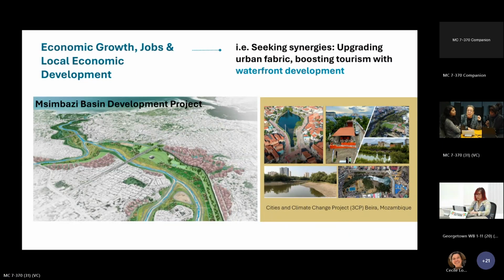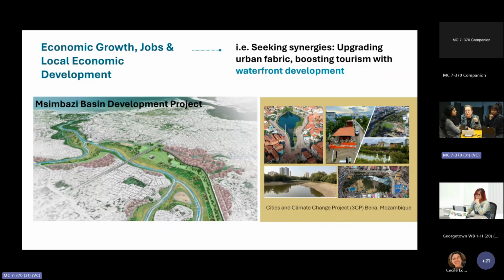Nowadays, it's more and more important how we leverage private capital, how we integrate flood risk reduction with local economic development, and how this contributes to urban growth and jobs.